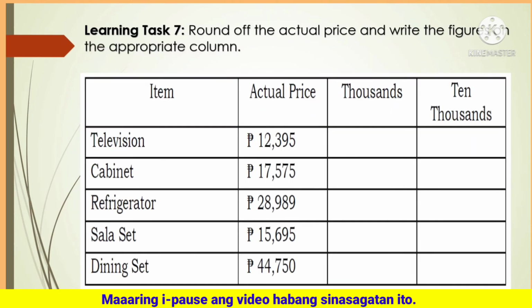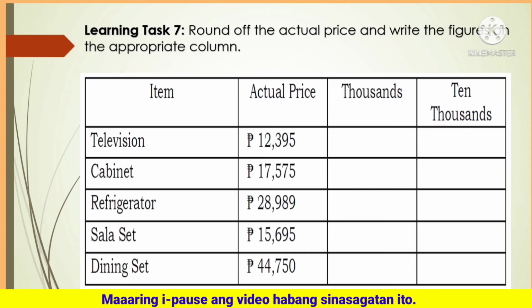Learning Task 7. Round off the actual price and write the figures on the appropriate column. So, ang gagawin mo sa Learning Task 7 ay katulad lang din sa ginawa mo sa Learning Task 6. So, sa unang item, ito ay television. At ang actual price niya ay 12,395.